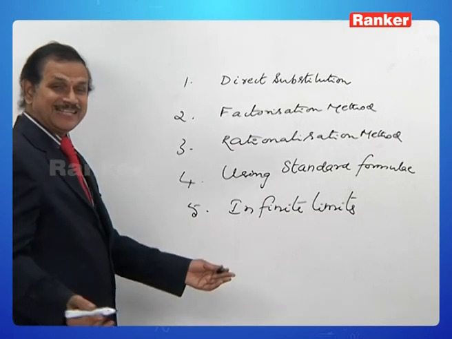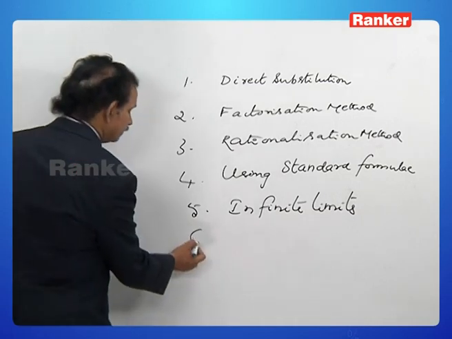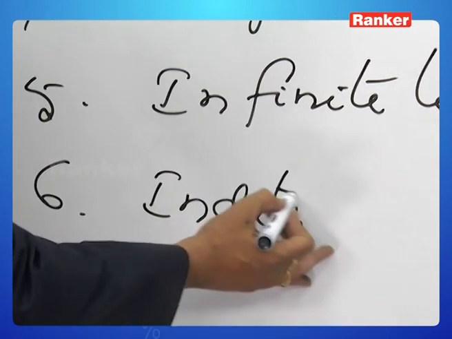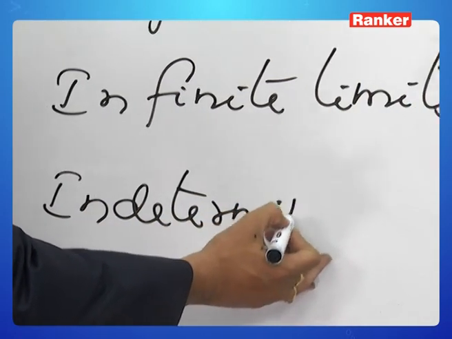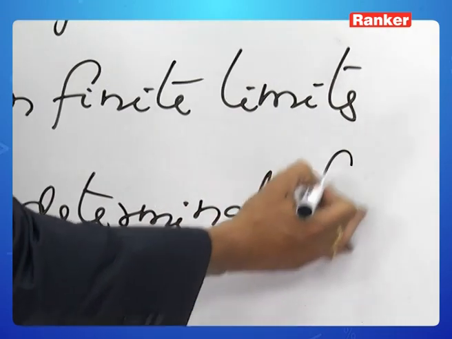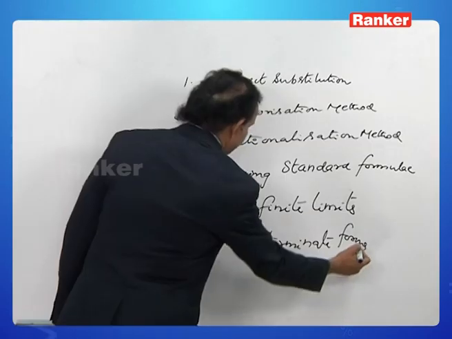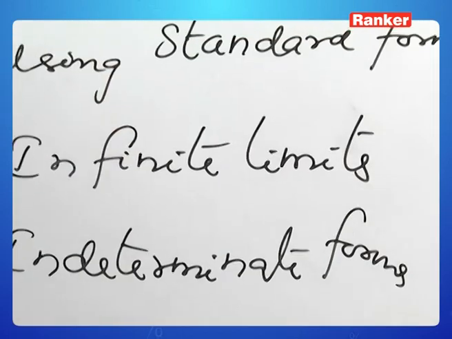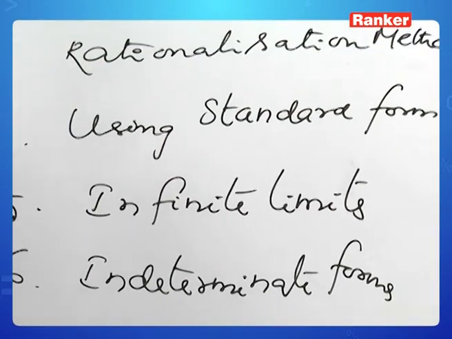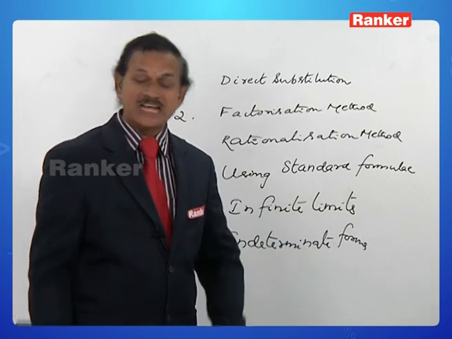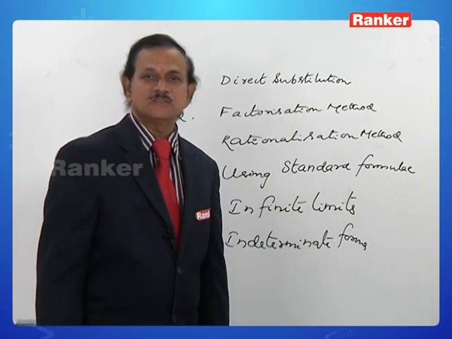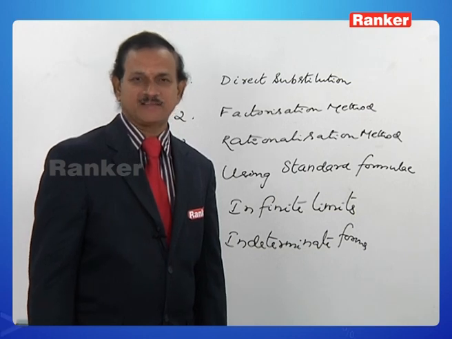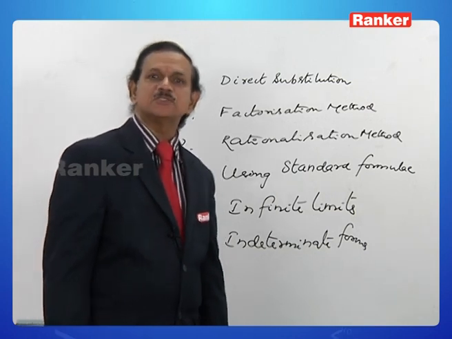Limits involving indeterminate forms, like 1 power infinity, 0 power 0, 0 power infinity, infinity power infinity, like that. Such things are supposed to be dealt with under the heading indeterminate forms.